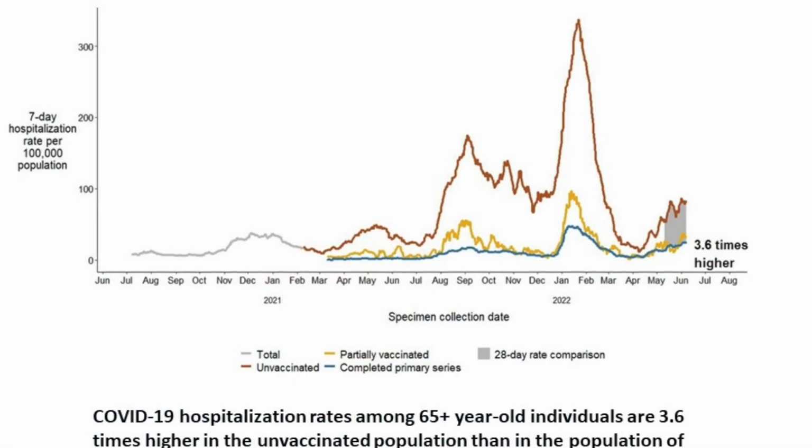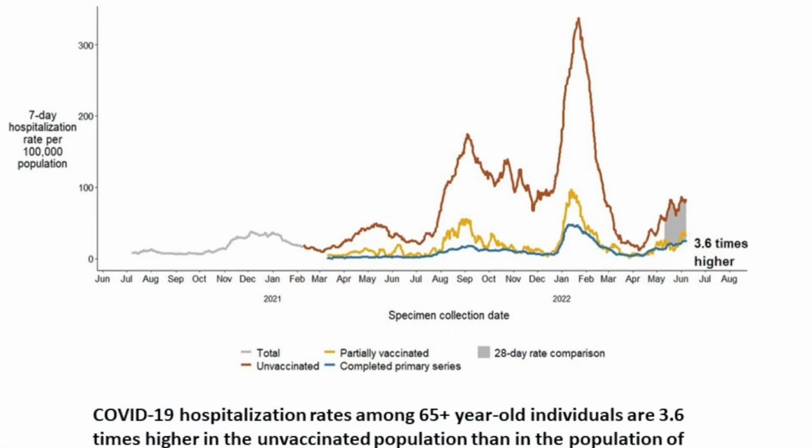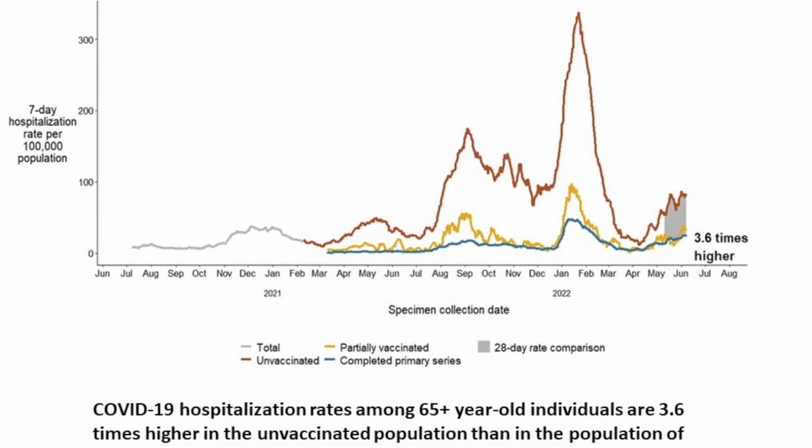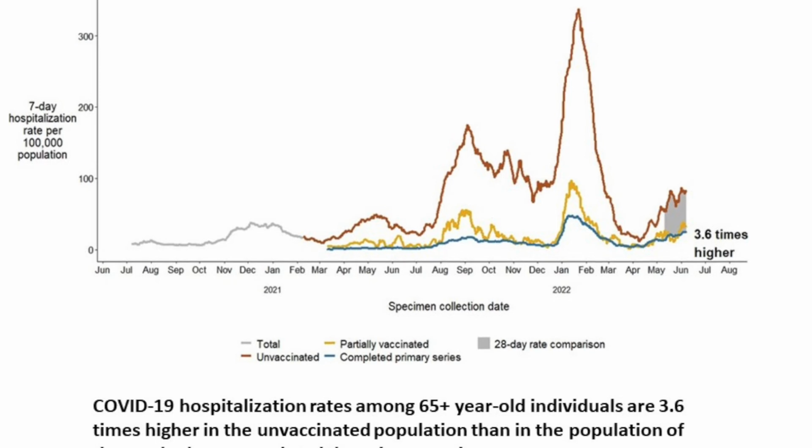And the next slide gives an example of that situation, even after we started the vaccination campaigns. Slide 47 is taken from a report from Washington State showing their 7-day hospitalization rates per 100,000 population, comparing unvaccinated, the top red line, with the vaccinated group.